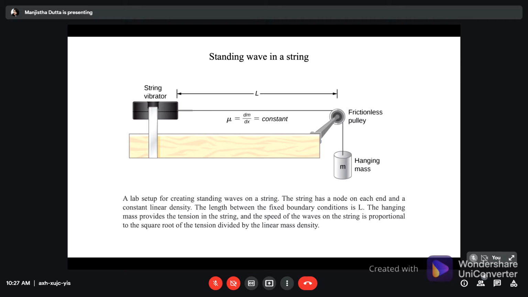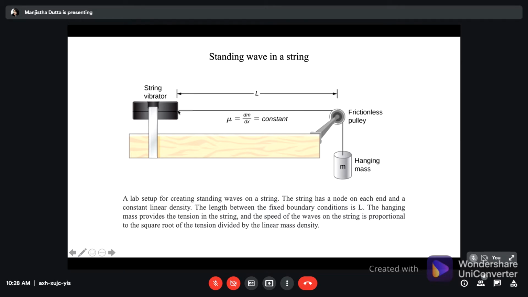This is the setup. This is a vibrator over here, so we can use an electrical vibrator to induce some displacement, and one wave will propagate through it. At these two end points, there cannot be any displacement because they are fixed ends.